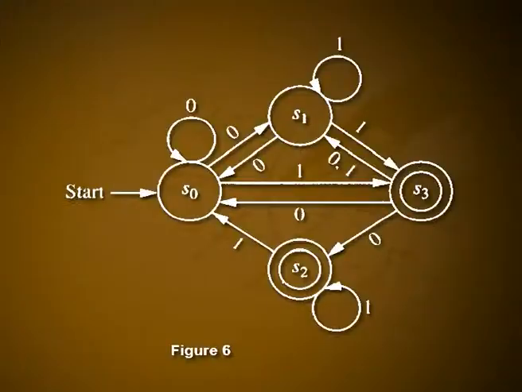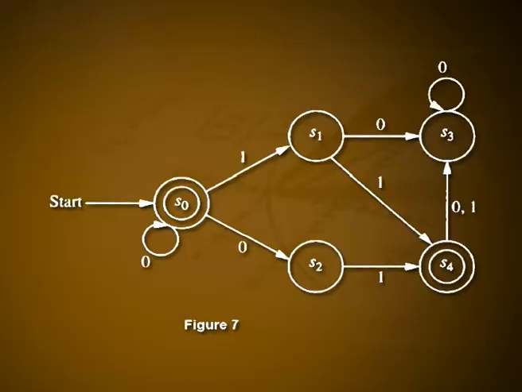The solution: the state diagram for this automaton is shown in figure 6. Here you can see the final states are S2 and S3, which are represented by double circles. Next example, find the language recognized by the non-deterministic finite state automaton shown in figure 7.